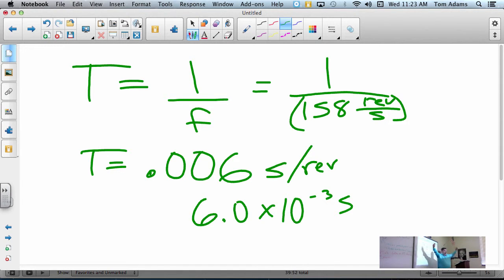If I take a great big huge circle and do 1 revolution per minute, and then a very tiny circle and do 1 revolution per minute, they'll still have the same frequency and period, because it's based on revolution per time. Their tangential speed will change quite a bit, and that's dependent upon the radius. Does that make sense to you guys?